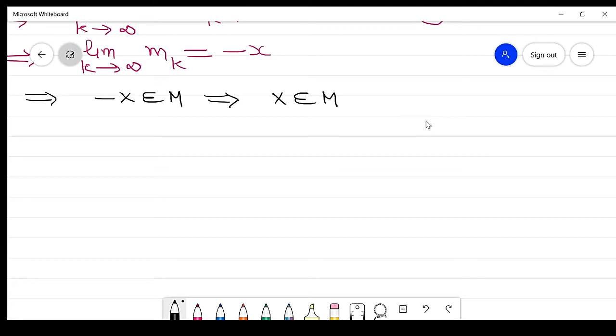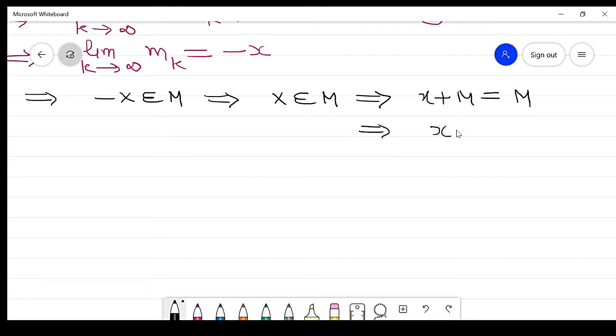So by the definition of coset, if x belongs to M, then x plus M is equal to M, right? Here we apply the property: if a belongs to H, then H plus a is equal to H, in case of addition. In case of multiplication, it is Ha equal to H. So x plus M is equal to capital M. So what is M? It is the 0 bar.